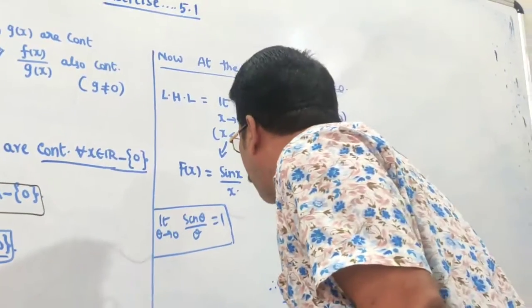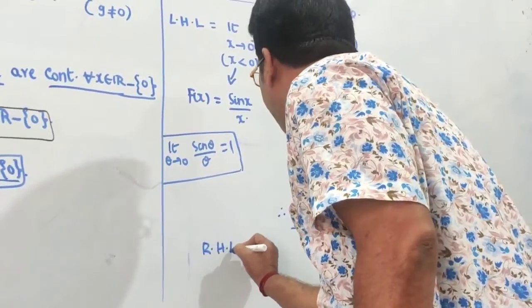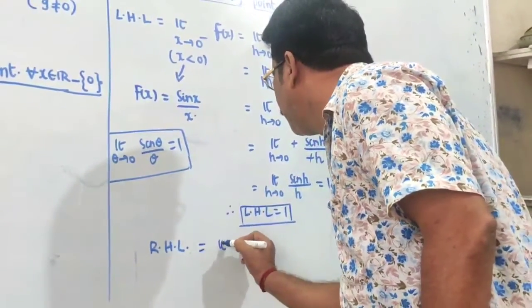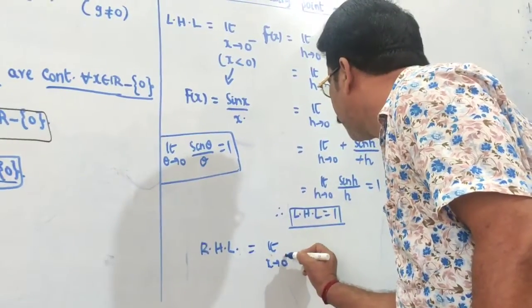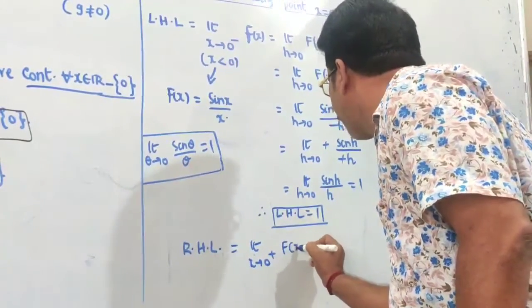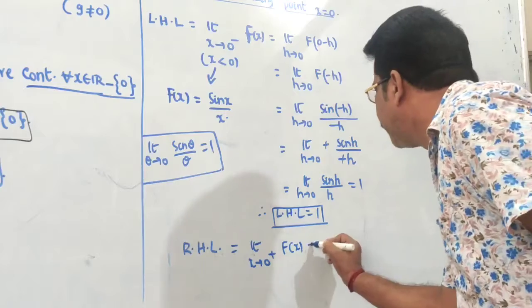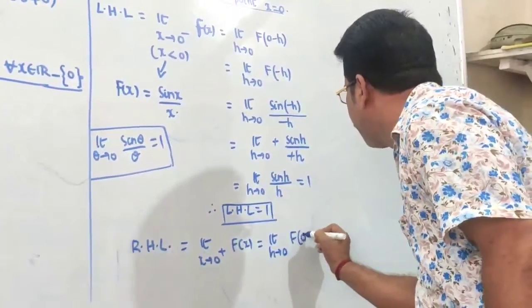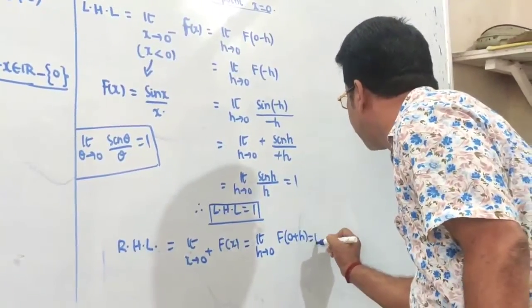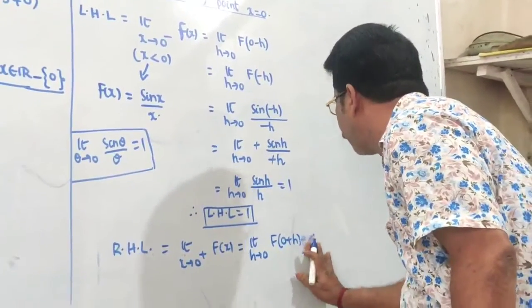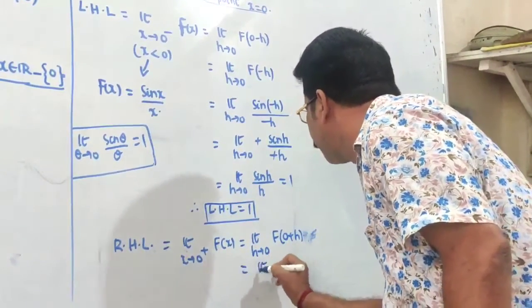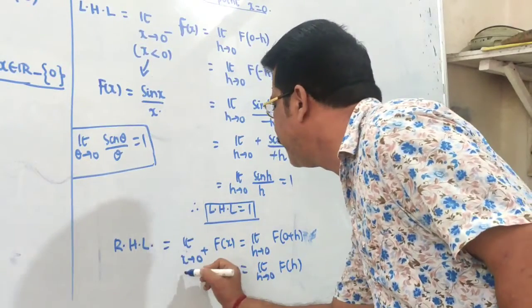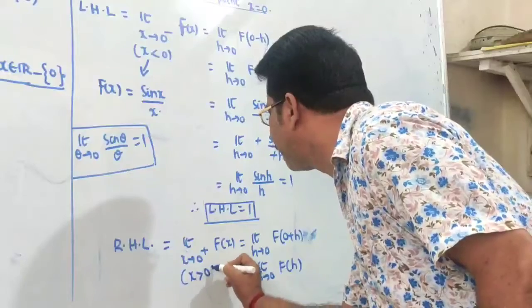Next, now we are discussing the right hand limit. That is equal to limit x tends to 0 plus of capital F of x, which is equal to limit h tends to 0 of capital F of 0 plus h. It is nothing but capital F of h. Actually 0 plus means it is greater than 0.